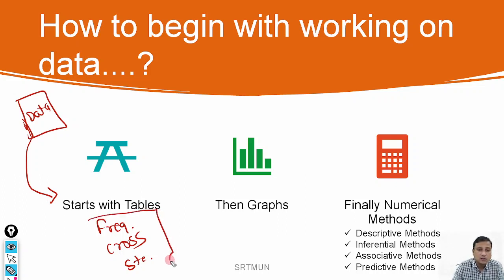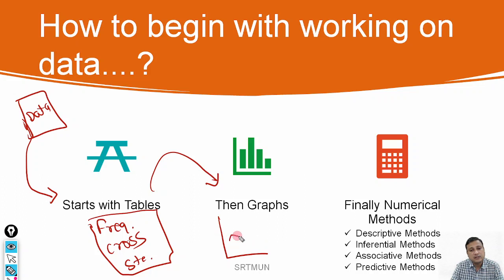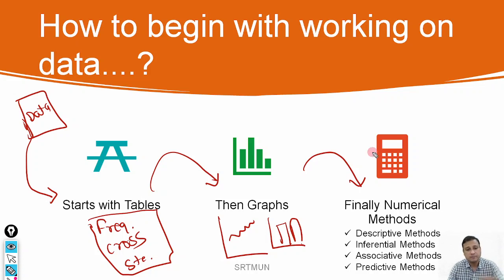Once you are having tables, then go to graphs. Then there are different types of graphs like scatter diagram or the columns or bar. There are many. After this, you can go for the numerical methods of the descriptive, inferential, associative, and predictive. Right. So this is the way that we should go when we are giving statistical treatment to our data.